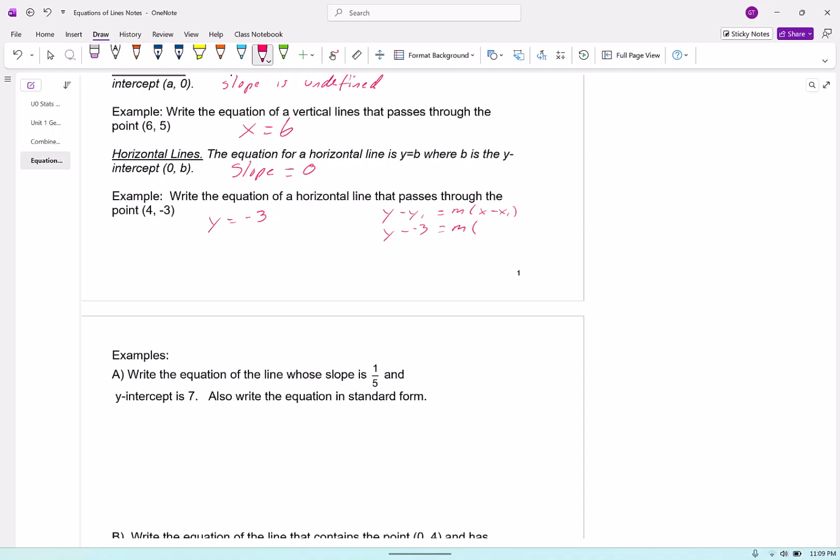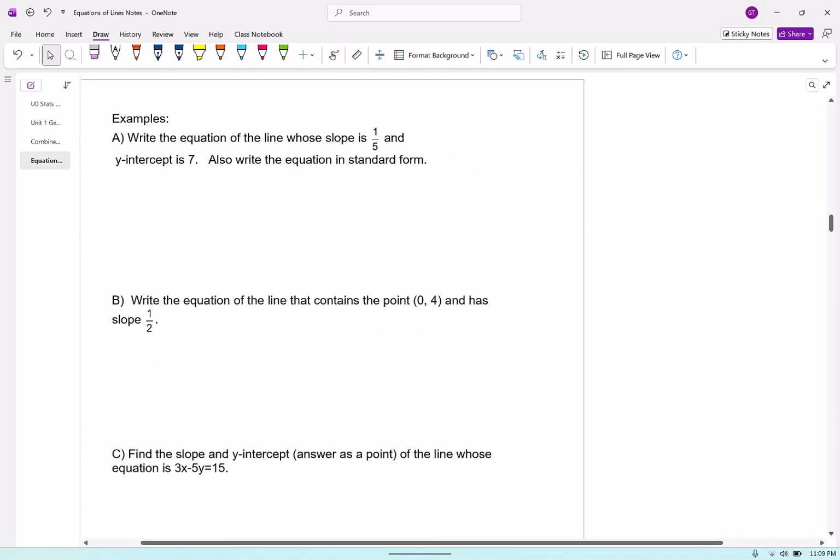Well, actually, sorry, that is going to be 0 because my slope for a horizontal line is 0. And then x minus 4. So we end up getting on the right side, 0 times anything is 0. Y plus 3. If I rearrange, it'll be y equals -3. So just showing how I could use a point, plug it in there, and I would get the same thing.